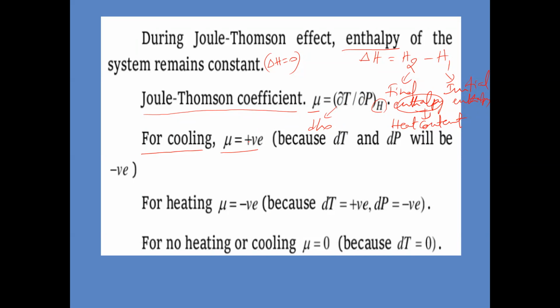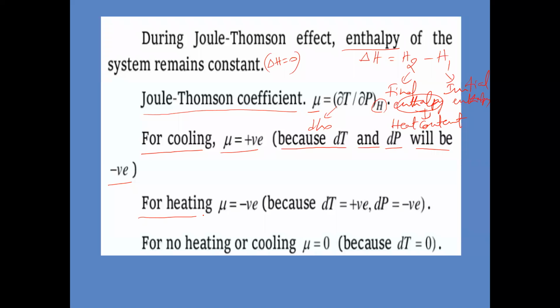Then mu becomes positive, because dT and dP will both be negative, so the ratio is positive. Overall, mu is equal to positive.